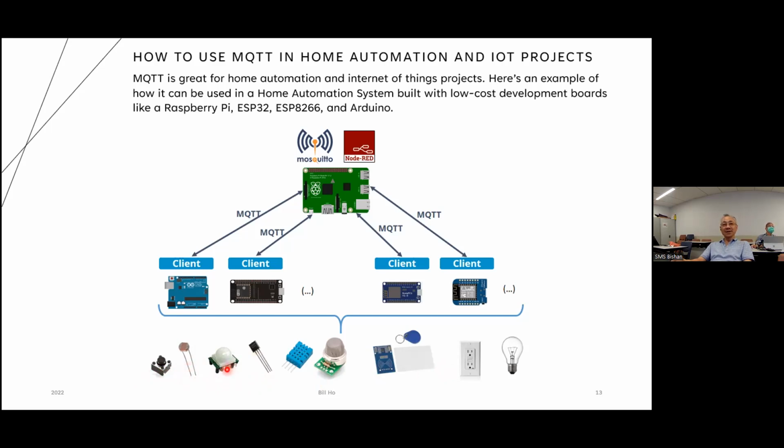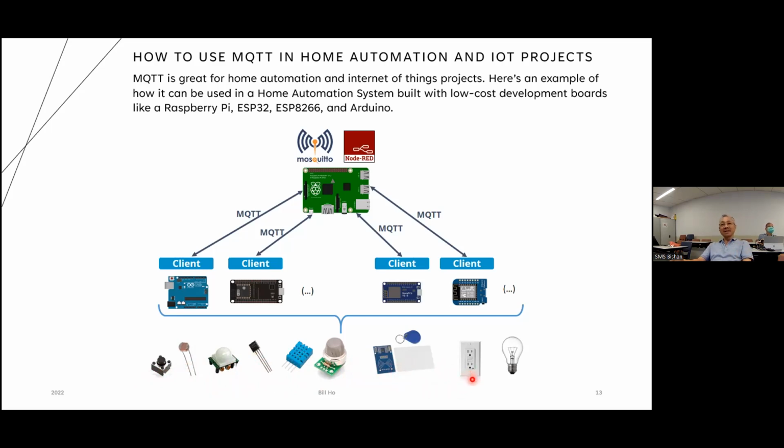This is a motion sensor. This is a temperature sensor. This is a temperature and humidity sensor. This is a gas sensor. Then this is an ID access card, so it can be an access card.